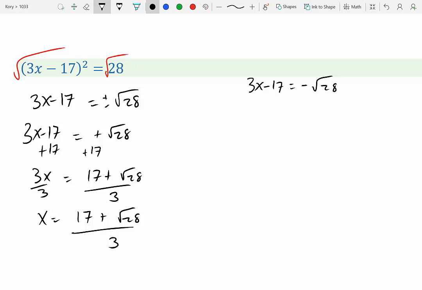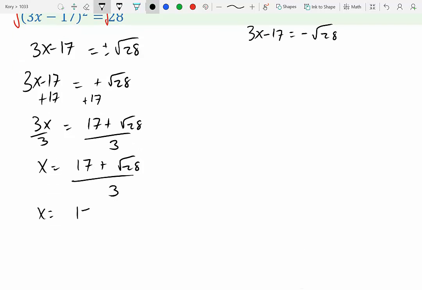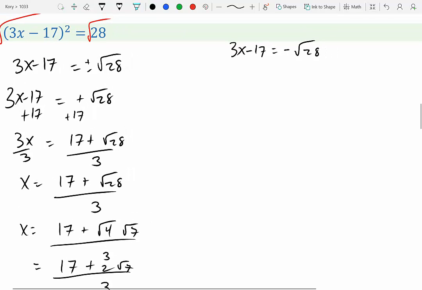Now we need to simplify if you can. We can simplify the 28, so we can simplify that down into 4 and 7. So we have 17 plus 2 times the square root of 7 over 3. Alright, we're going to do the same thing to the other side. So we have add 17.